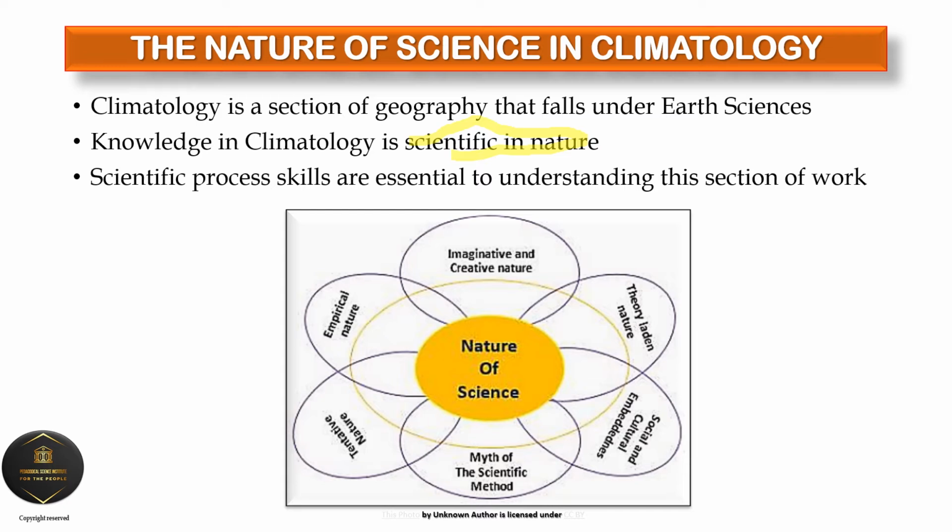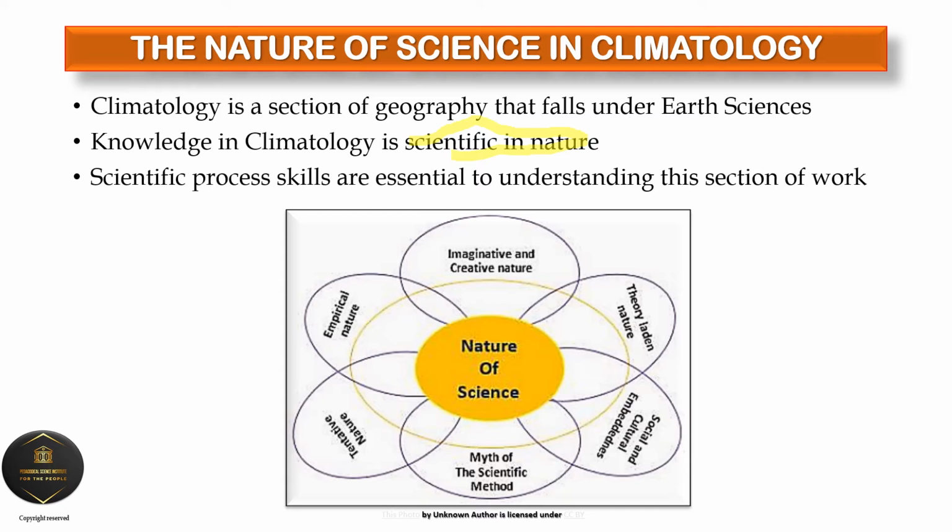Something very important to think about is that when we think about different subject matter that is scientific in nature, we refer to what we call the nature of science. Now, the nature of something is basically looking at what makes that something we're talking about.